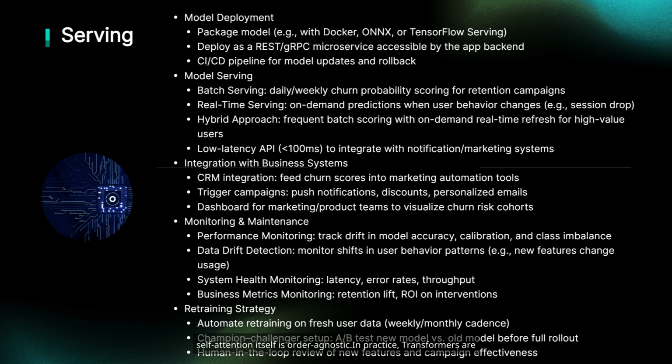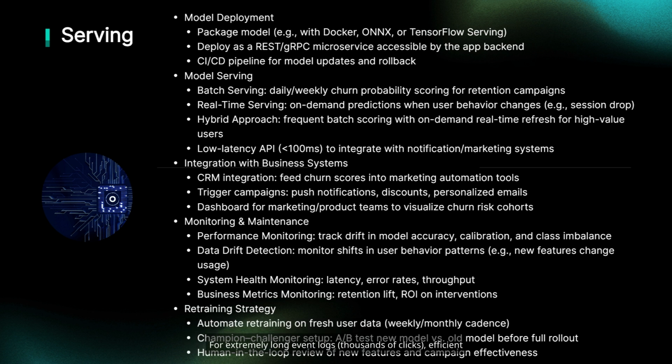In practice, transformers are much more scalable because they process sequences in parallel, making them suitable for very large user bases. Variants like BERT-style encoders can summarize a user's historical behavior into a representation used for churn prediction, while GPT-style decoders can be used autoregressively to both predict next actions and infer churn risk.